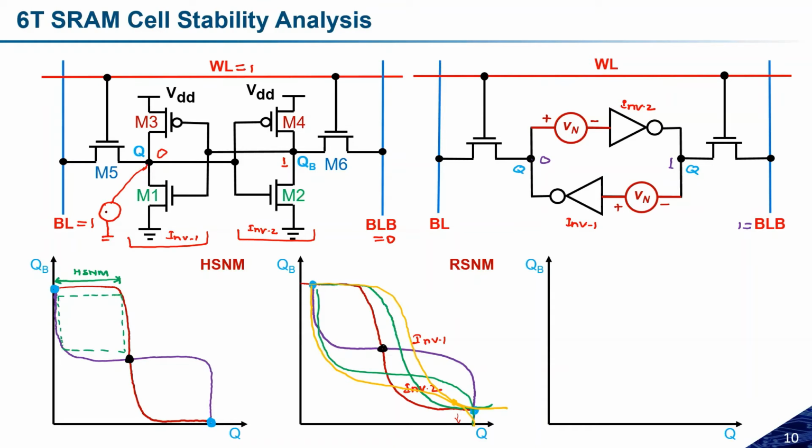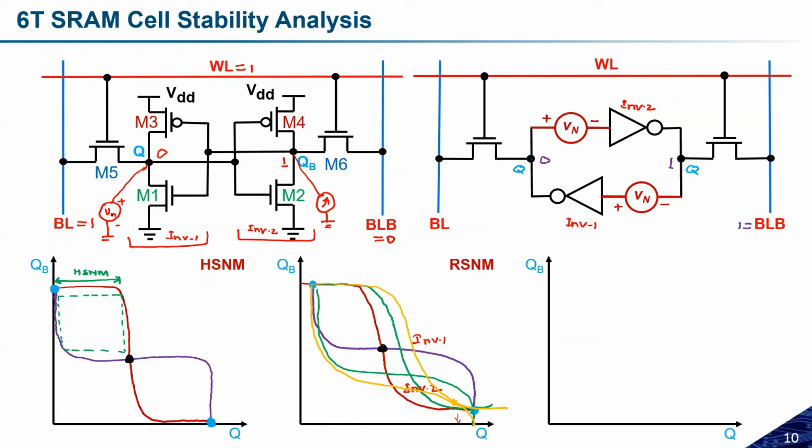Here I have to provide some noise voltage Vn, positive negative, which we should apply at node Q, and at QB I have to observe it. Why am I saying this? Because at node Q we have logic 0, and I want to change this Q from 0 to 1.